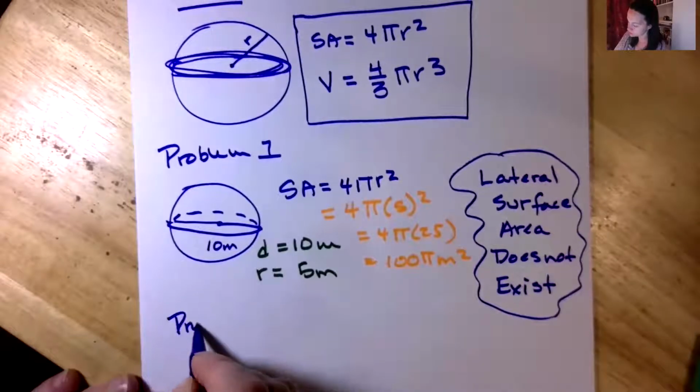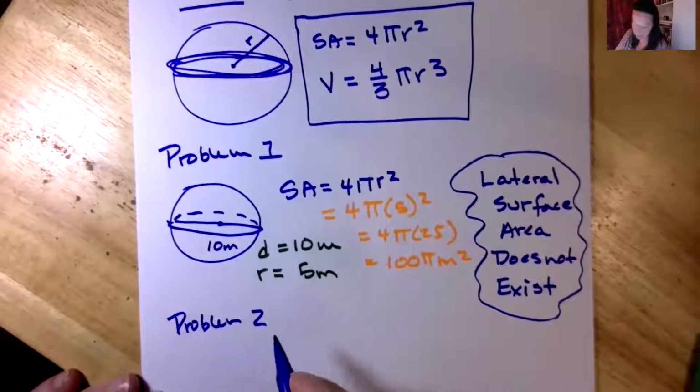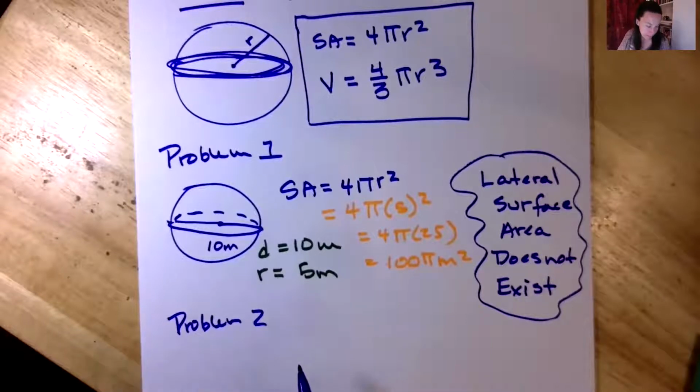Okay, problem 2. The Earth's equator is about 24,902 miles long. What's the approximate surface area of the Earth?